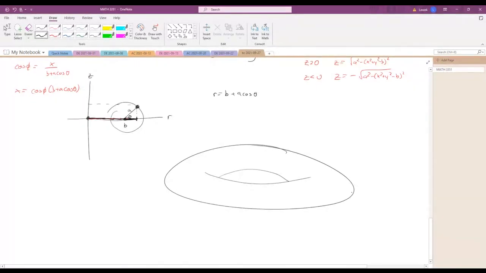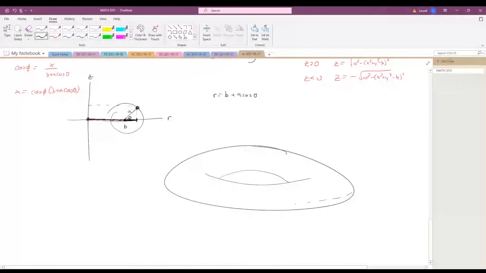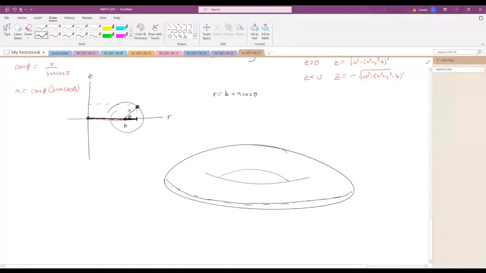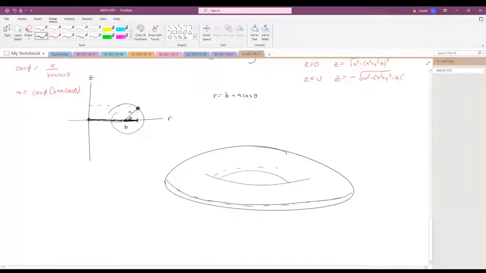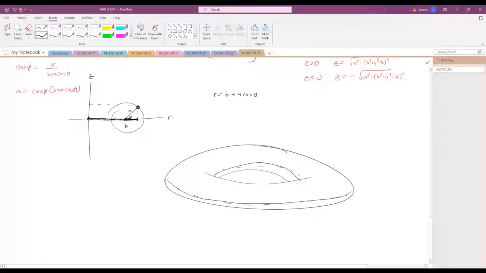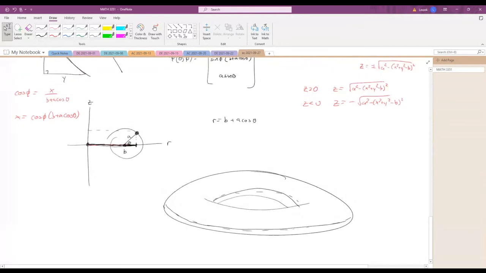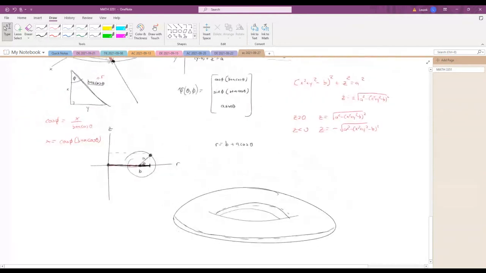We covered the top and the bottom, but we have this equator on the outside of the torus, and then on the inside as well, if that makes sense. So we need to cover those, because these 2 patches here do not cover the equator. So that's a little rougher.